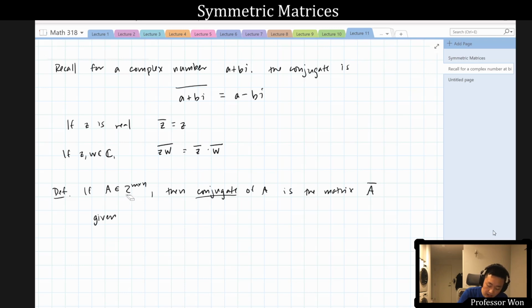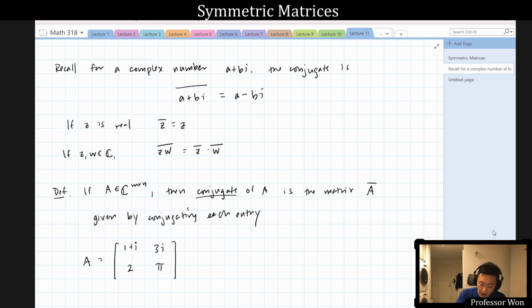So this should be a complex matrix, potentially. Now if I have a matrix with some potentially imaginary components, potentially real components, if this is A, then A bar is just you conjugate every entry: 1 minus i, negative 3i, 2 pi. Because when you conjugate a real number, you just get back the real number itself.